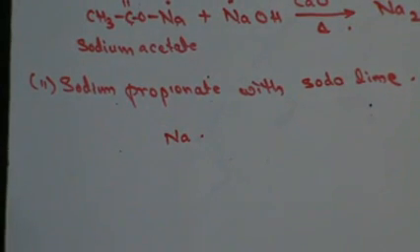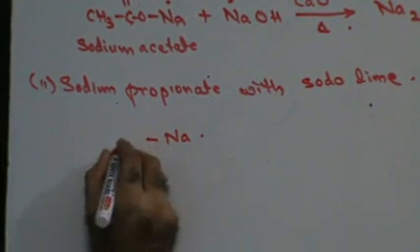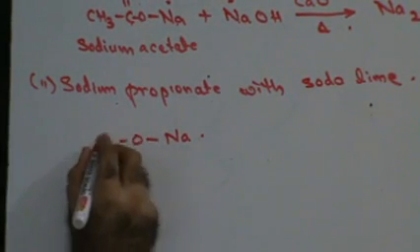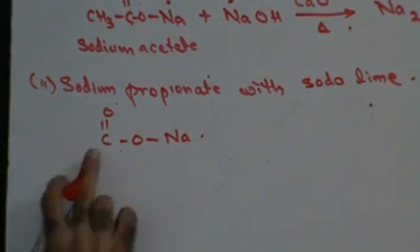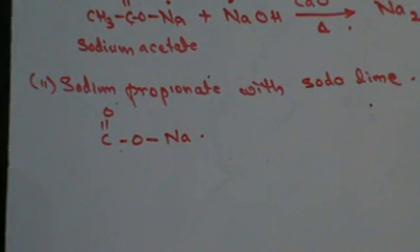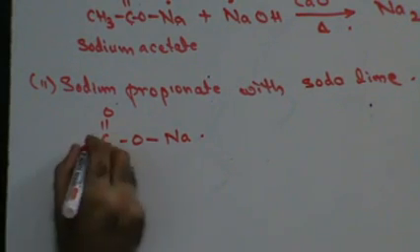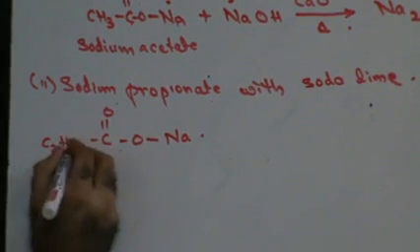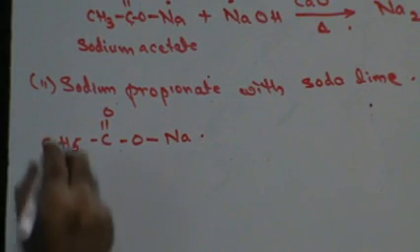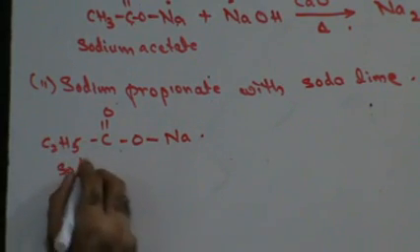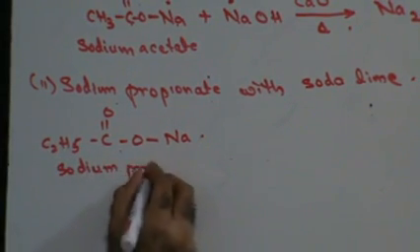Propionate, that means how many carbon atoms should it have? 3 carbon atoms, right? Propionate, first of all, the structure should be this way, out of which 1 carbon atom is here. I need 3 carbon atoms. So how many more carbon atoms do I need? 2. This is going to be propionate. C2H5COONa, right? This is my sodium propionate.